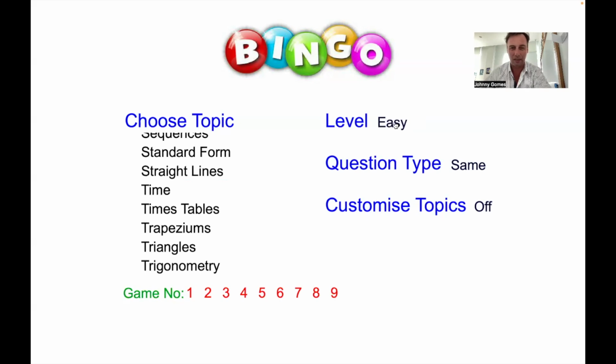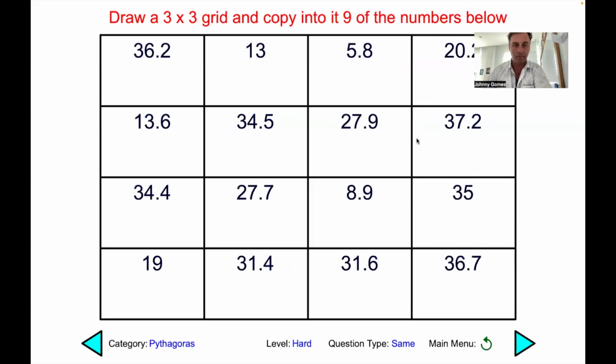For the most part, these levels just make the numbers a bit harder, like decimal numbers or bigger numbers, but sometimes there may be a level of complexity in the actual topic itself. So I'll put this on hard and choose game number 1.